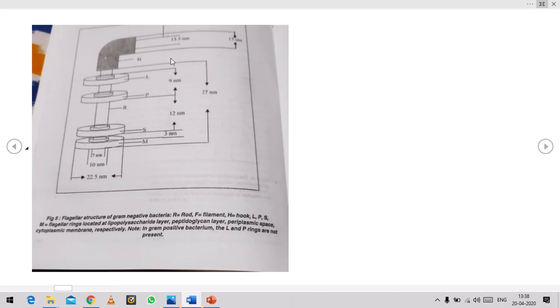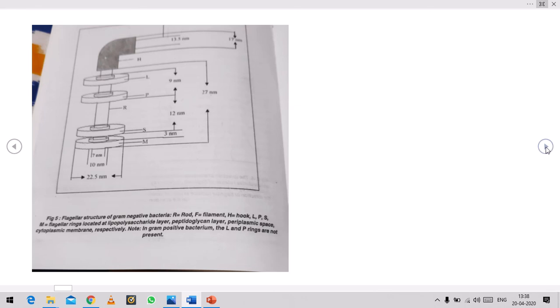The L and P rings mainly act as a holdfast organ to support the long rod of the flagella. In gram-positive bacteria, the L and P rings are not required because the multilayer murein provides sufficient support to the flagellar rod. So there is a difference between gram-negative and gram-positive bacteria.